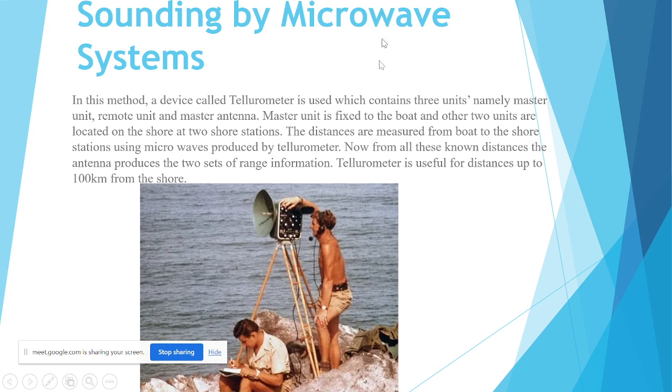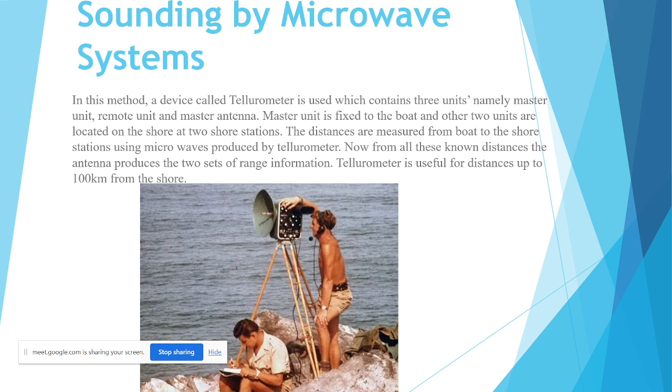There is also the last one, that is the microwave system. You are seeing a picture there which displays how microwaves are used as a method to locate sounding. In this method, a device called a Tellurometer is used, which contains three units: the master unit, the remote unit, and the master antenna.